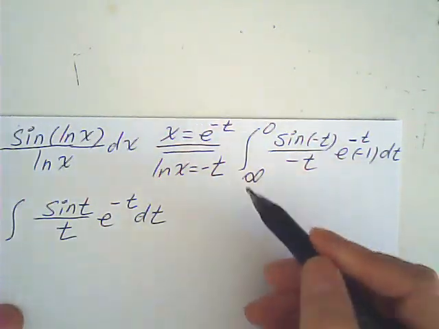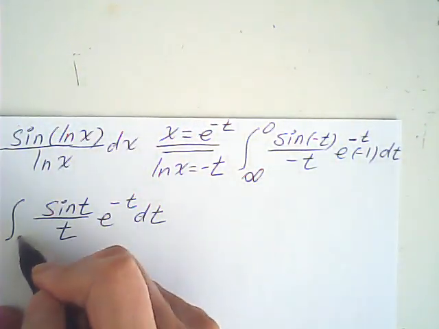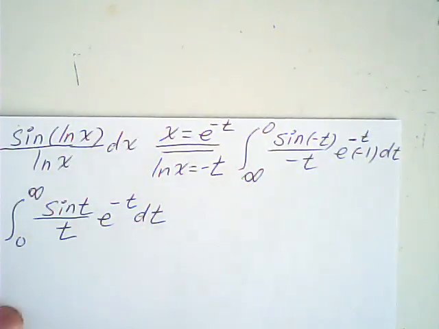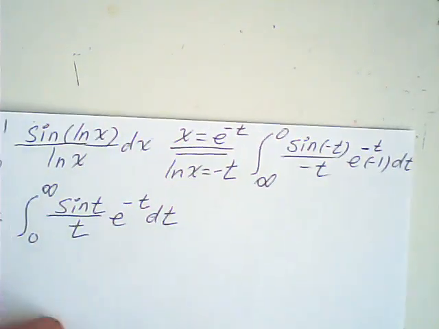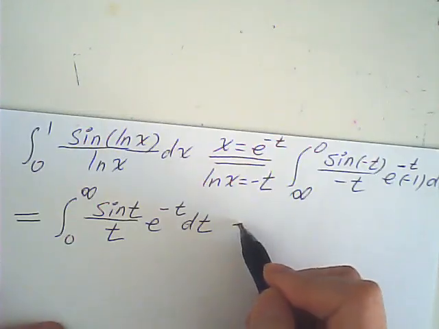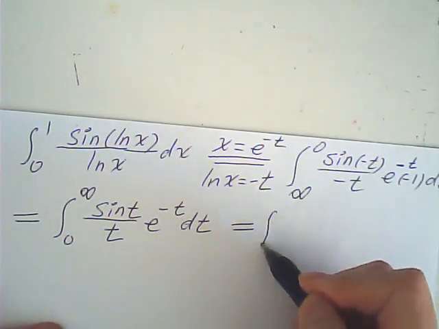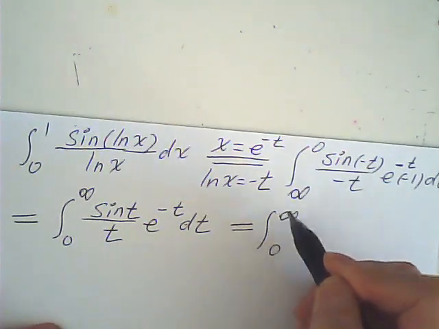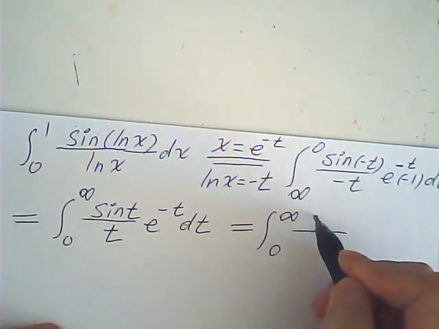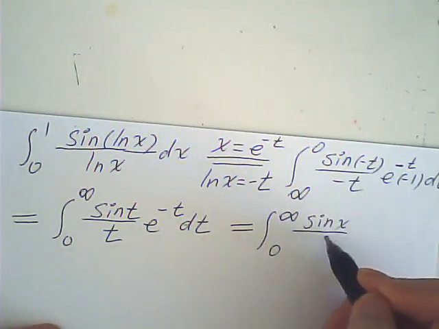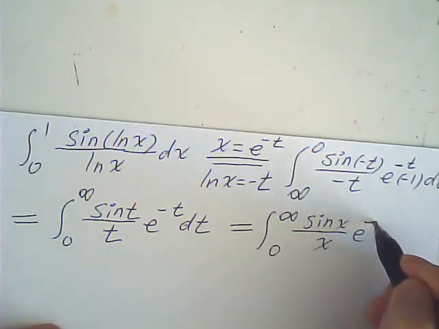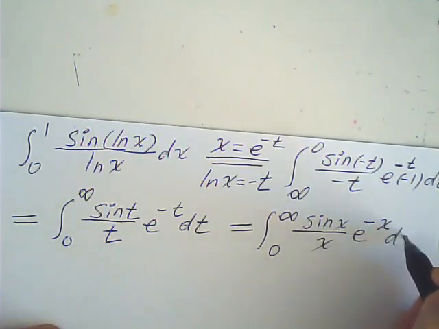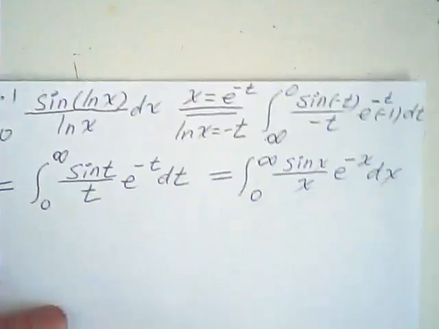This negative, I switch the order of boundary, becomes this. And I rewrite this using x, because these are just dummy variables: sine x over x, e to the negative x, dx. Yeah, it looks better.